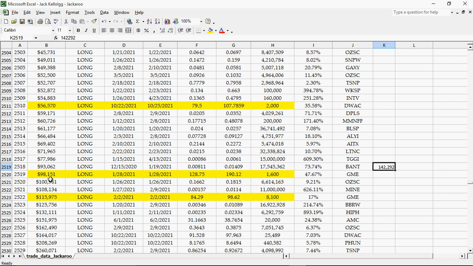This is the peak of why I got these results, because I would never have believed it if I had not seen it. I would never have believed that somebody could make this kind of money with just 1,600 shares. Think about that. This is gold right here. This is gold.